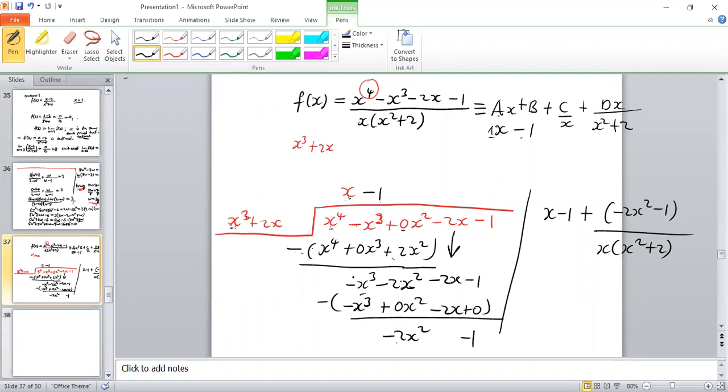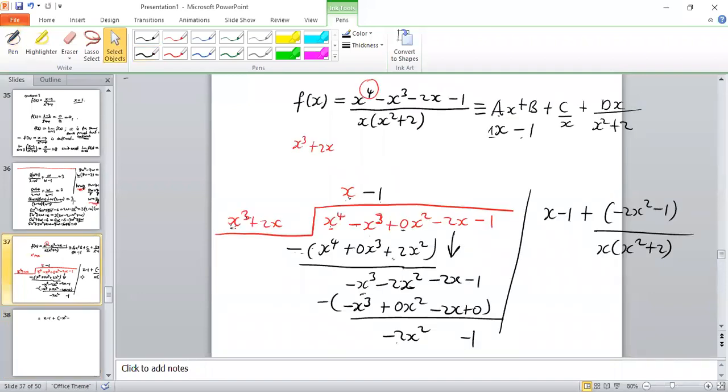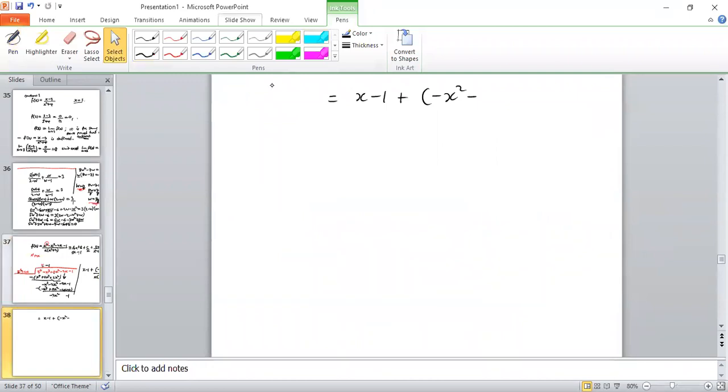Okay, then let's now do the partial for this one. So whatever that was given, it is x minus 1, then plus, here we have minus 2x squared minus 1 over x, open bracket, x squared plus 2, isn't it?